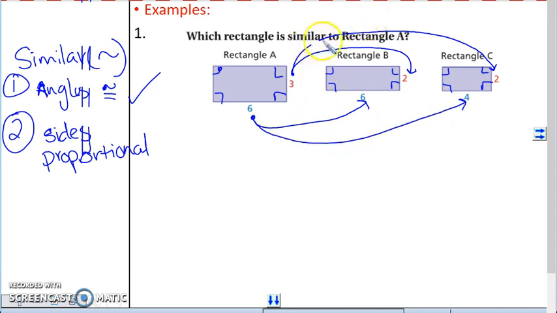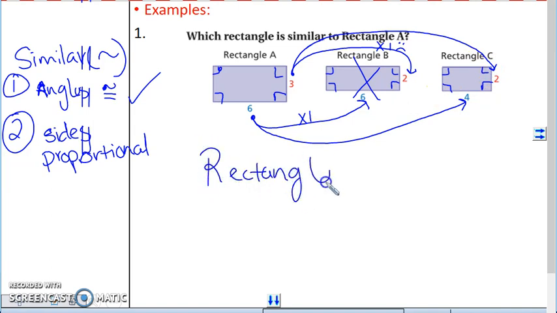So whatever we multiply rectangle A by needs to be the same number to get the next number. To go from 6 to 6, we would multiply by 1. To go from 3 to 2, we would multiply by 1. Wrong. So, no, rectangle B is not similar. Rectangle C is similar. So here's what we just did.